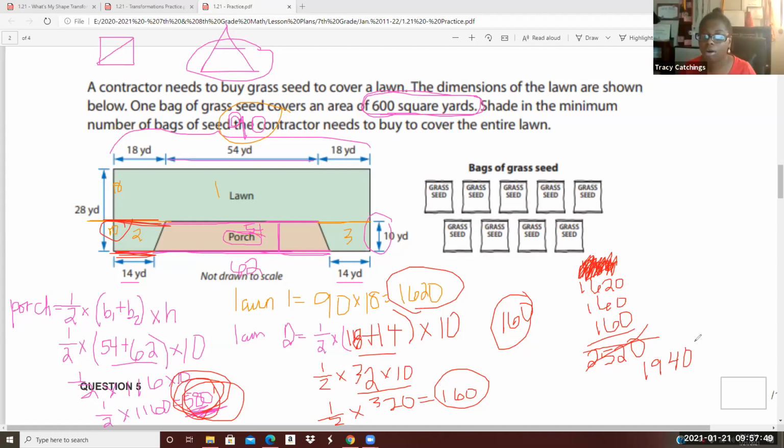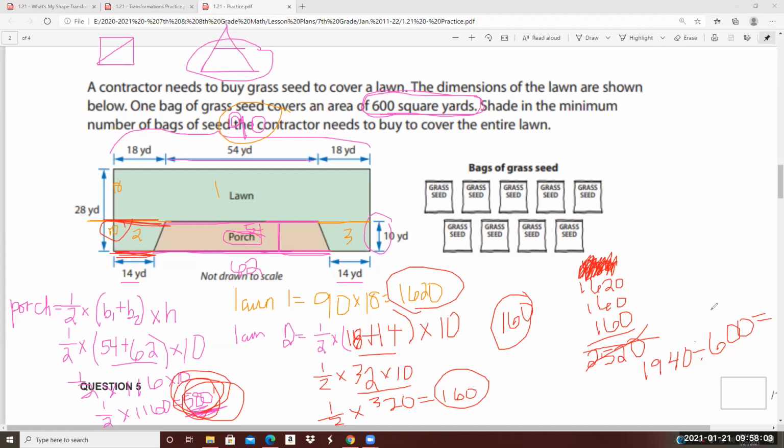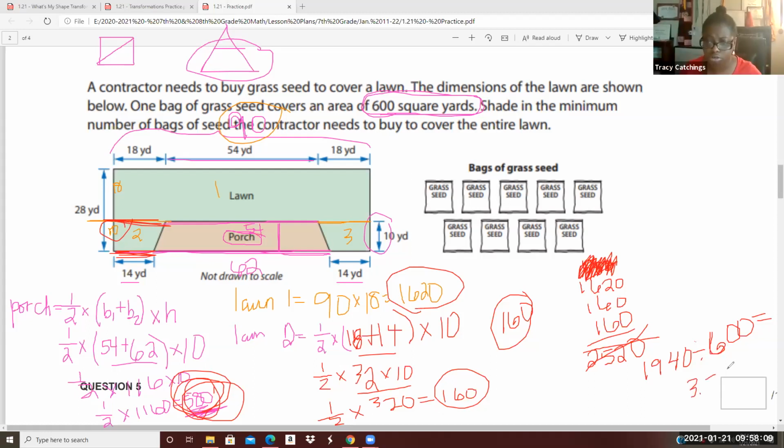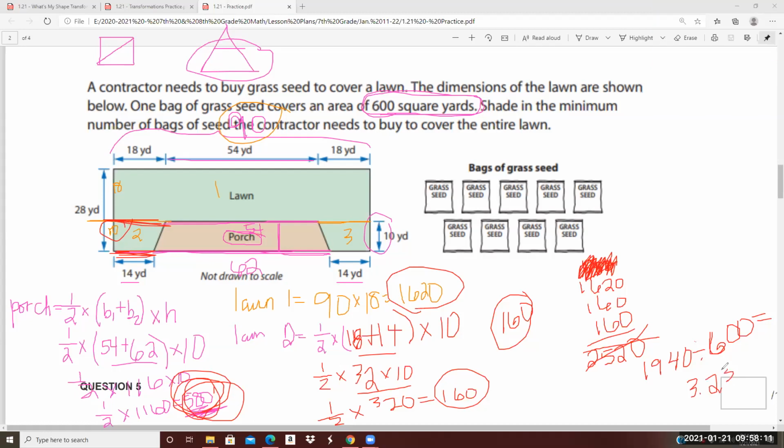Oh, okay. That'll give us what? 3.23 repeated. Yes.